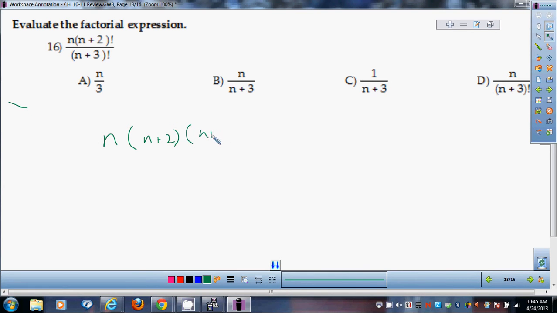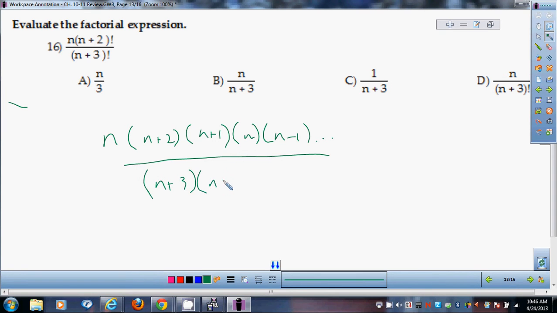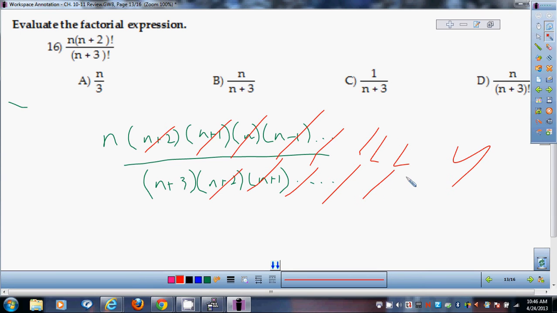And what would cancel, Sarah? Just from what I've written on the board, what would cancel? What appears in both top and bottom? N plus 2, and pretty much everything after that, right? Okay. So what's not crossed out on the board, Jocelyn? Boom, B. There you go.